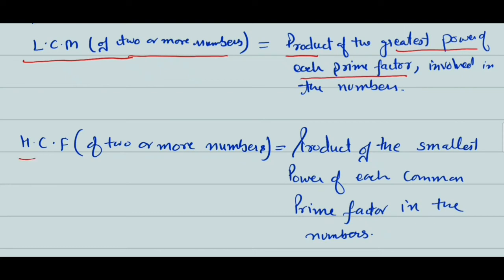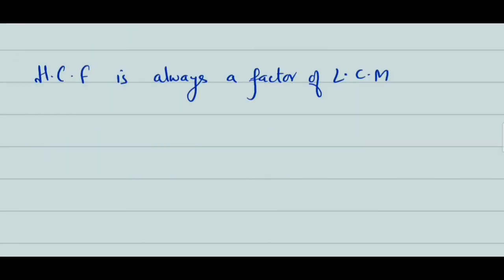And the HCF of two or more numbers is equal to the product of the smallest power of each common prime factor. Here we have to see the common prime factors and take the smallest power. Always remember that HCF is always a factor of LCM.